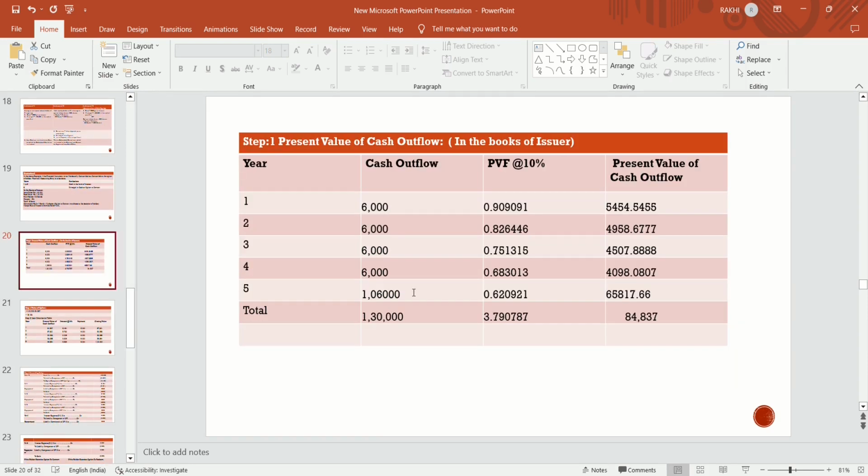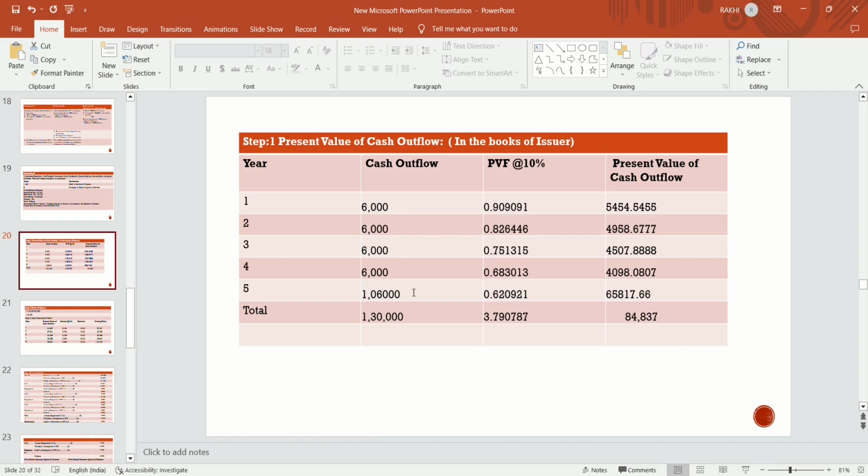Step 1 is to find out the present value of cash outflow in the books of issuer. Every year they have to pay a cash outflow of 6,000, which is the coupon, that is 1 lakh at 6%, that is 6,000 per year as interest. That is the cash outflow for the organization, 6,000 every year, and at the end of year 5, they will also add the principal amount, that is 1 lakh.